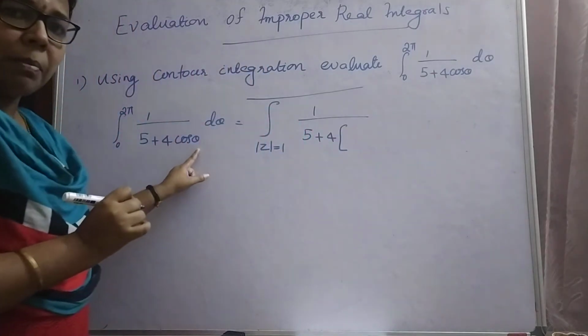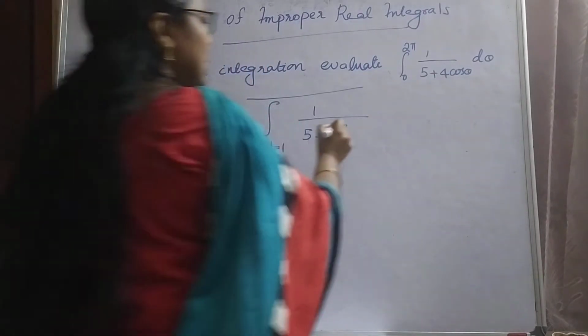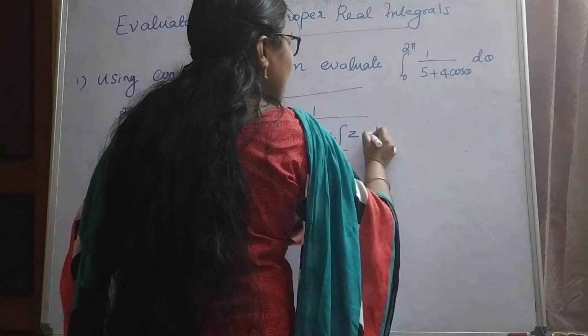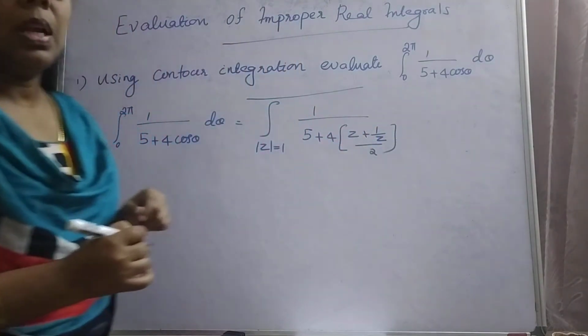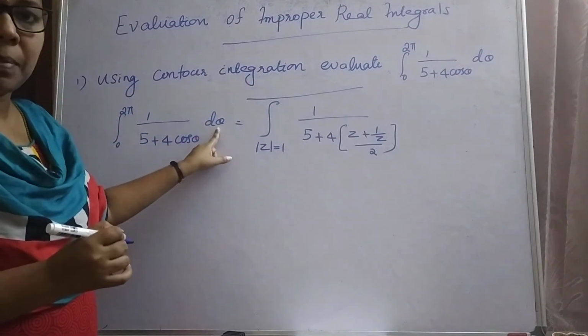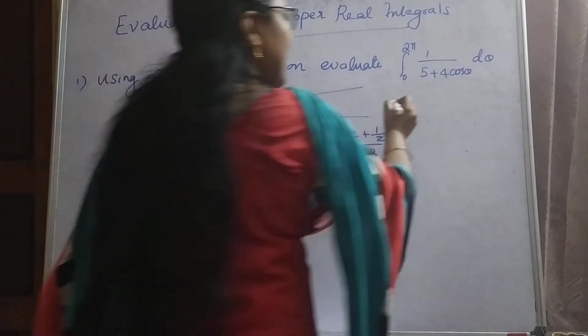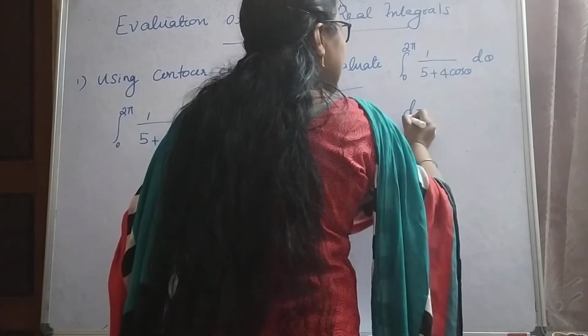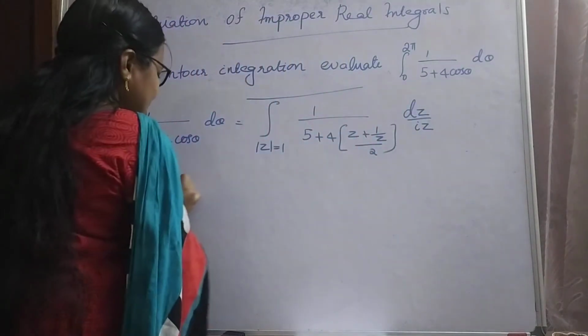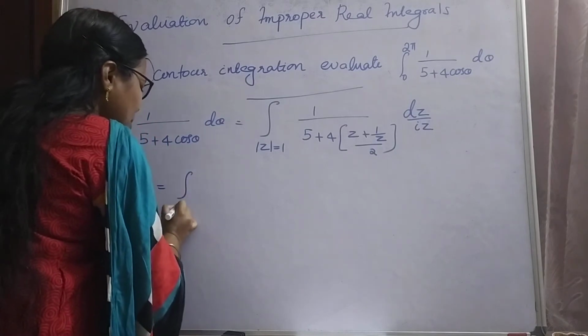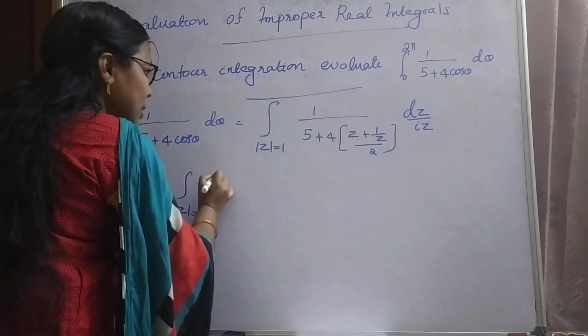What is cos theta? Cos theta is z plus 1 by z by 2. Then what about d theta? D theta is dz by iz.